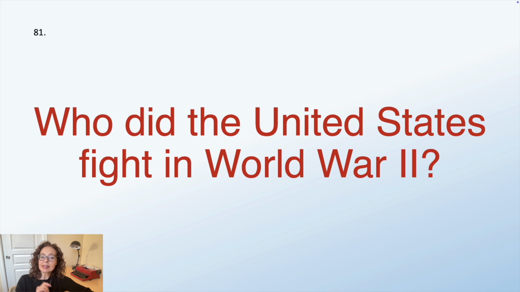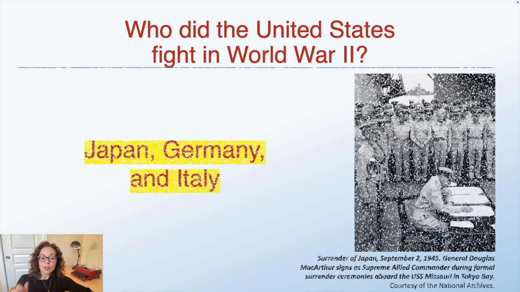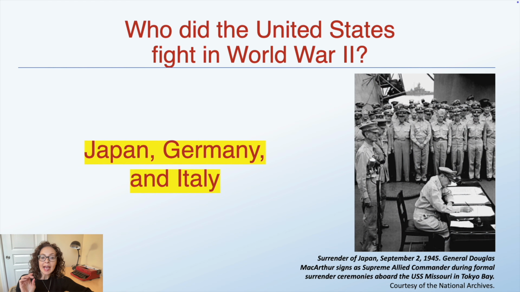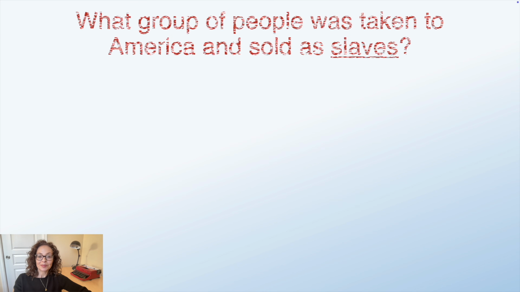Who did the United States fight in World War II? In World War II, the United States fought Japan, Germany, and Italy. What group of people was taken to America and sold as slaves?